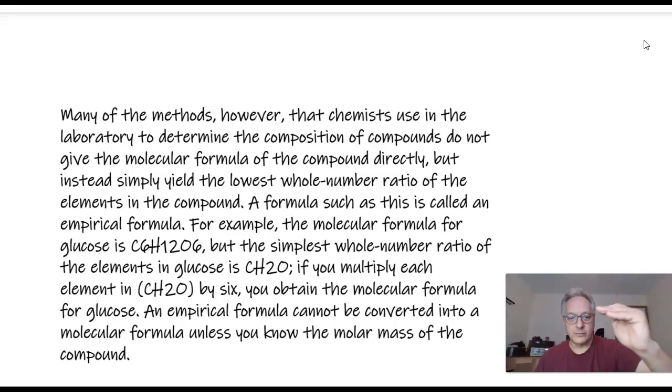And from those two bits of information, we get the molecular formula. Now, both of these tests, the elemental analysis for the empirical formula and the molar mass measurements, are usually done by an analytical lab. And it's up to us to do the math business.